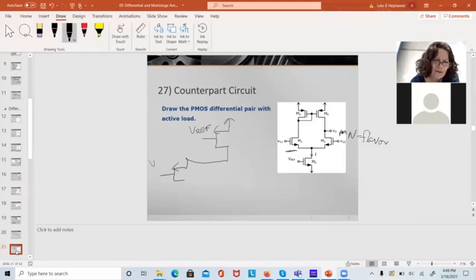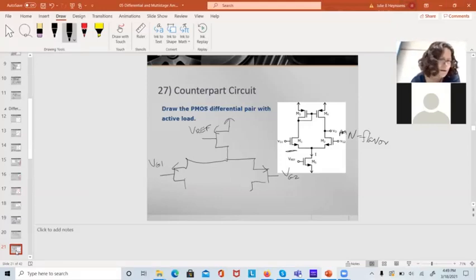This would be VG1. I'd have PMOS transistors for gain transistors. They are slower, they have less gain, but they also have less noise than the NMOS transistors. So sometimes there's an advantage to doing this.